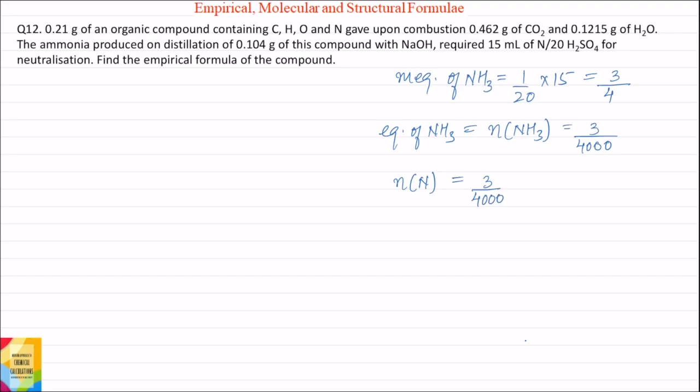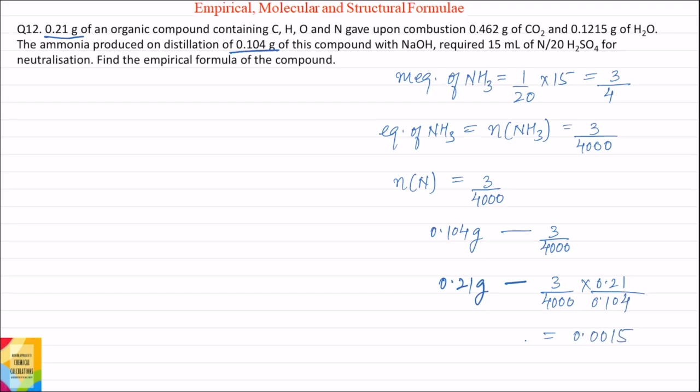Now this many moles of nitrogen present is in 0.104 gram of compound. So 0.104 gram of the compound contains 3 by 4000 moles of nitrogen. So how much nitrogen will 0.21 gram of compound contain? 0.21 gram of the compound will contain 3 by 4000 into 0.21 divided by 0.104, and this is equal to 0.0015 moles of nitrogen.